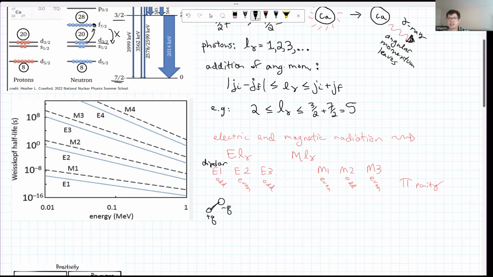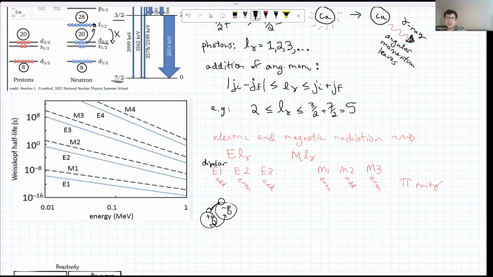We can see that it's odd parity because if we reflect the coordinates, this plus charge and this minus charge get exchanged, and so the direction of the electric field will point in the opposite direction. So everything will pick up a minus sign.